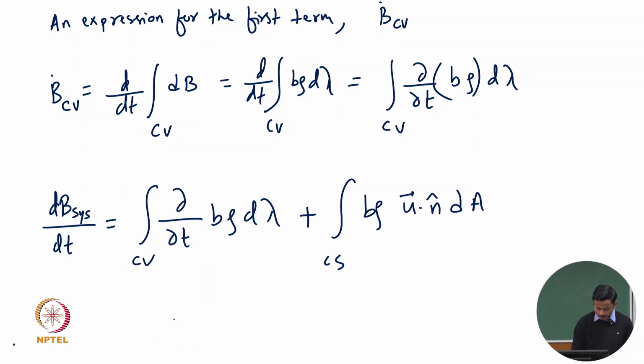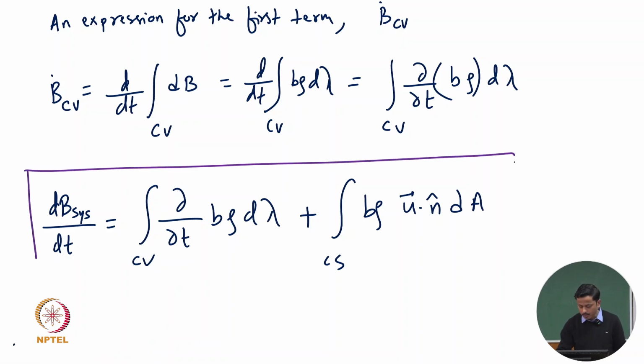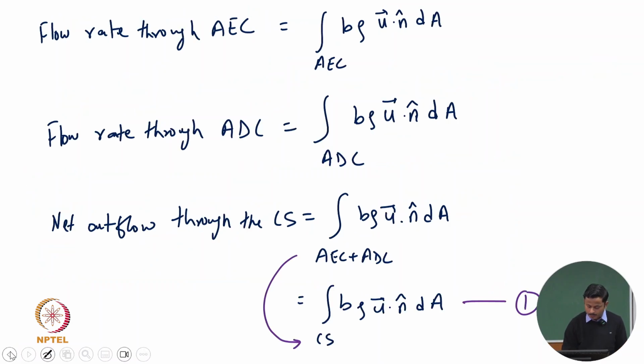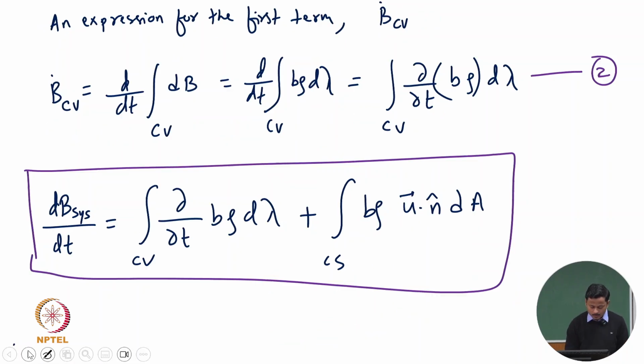So this is the final form of the Reynolds transport theorem. Now this comes from this equation 2 and this previous equation 1. So 1 plus 2, you will get this final form, this Reynolds transport theorem.